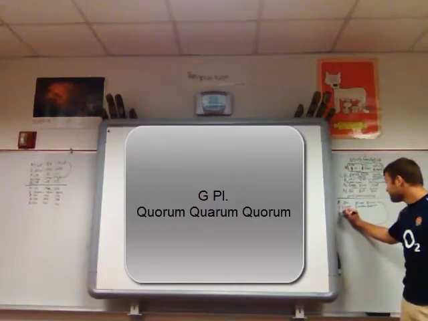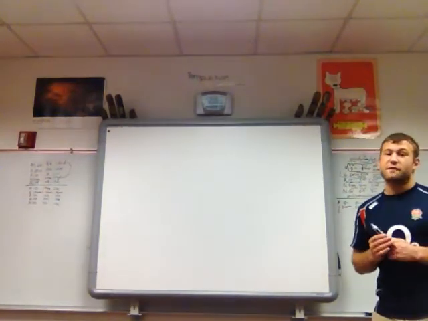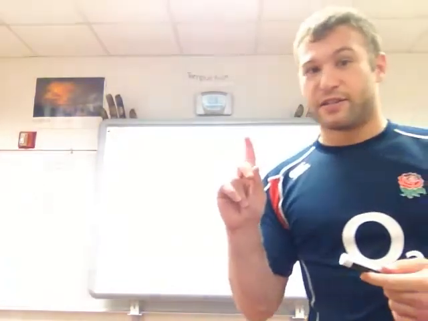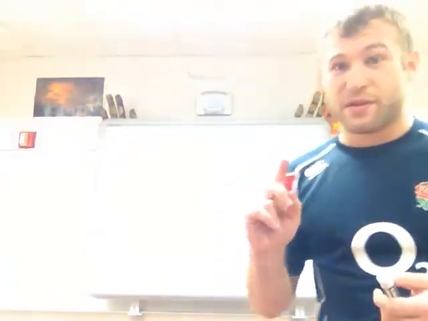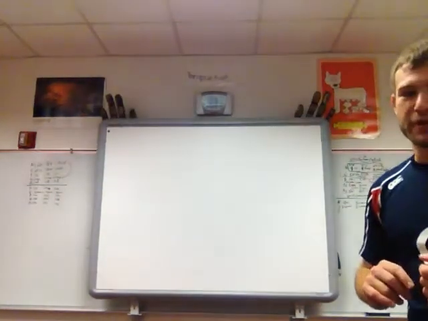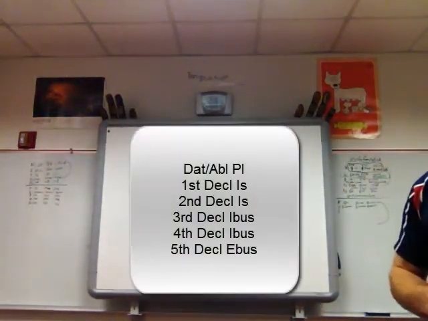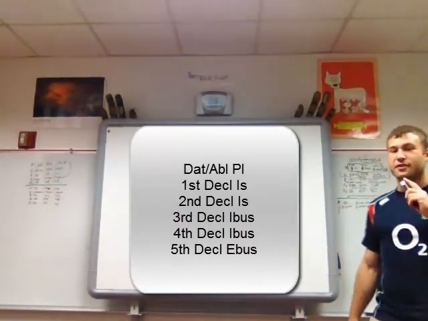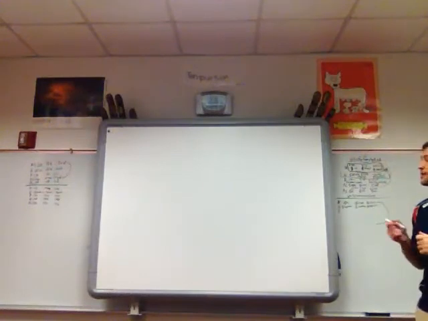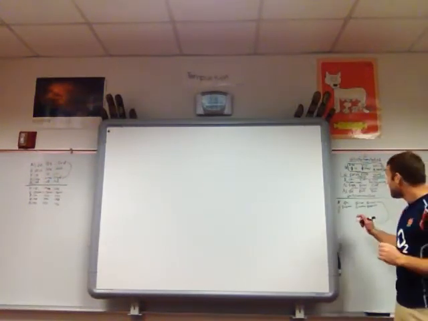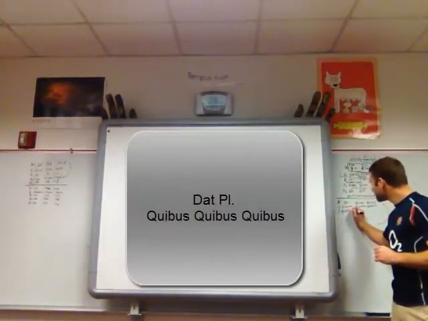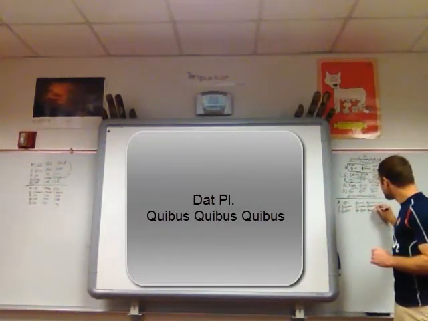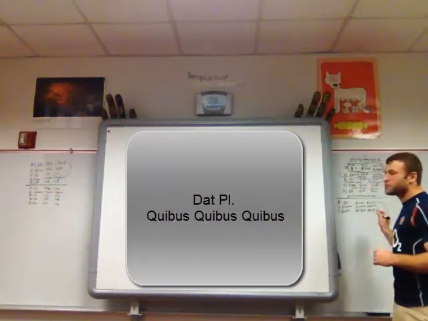Dative plural is a dative ending we've seen before, but it is not first and second declension. So this is the other mind-blowing bit of information: here, we are going to use the third/fourth declension dative ending. So it's going to go, very fun one, quibus, quibus, quibus. Those are really bad cues, sorry.